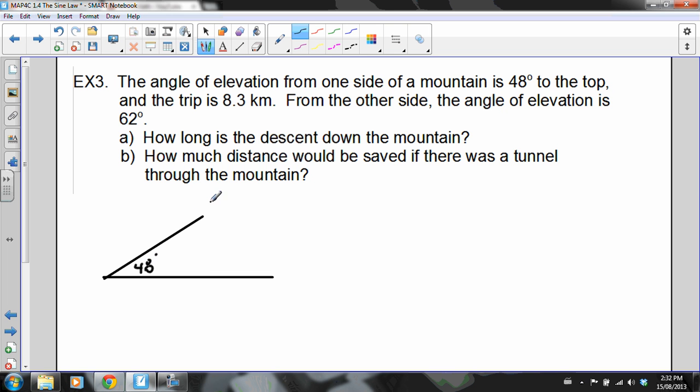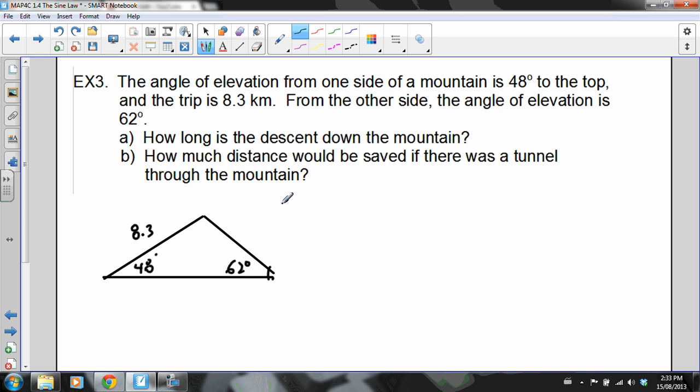It says the trip up, this is the top of the mountain here, the trip up is 8.3 kilometers. Then it says from the other side of the mountain, the angle of elevation from the horizontal up to the top of the mountain, that's 62 degrees.